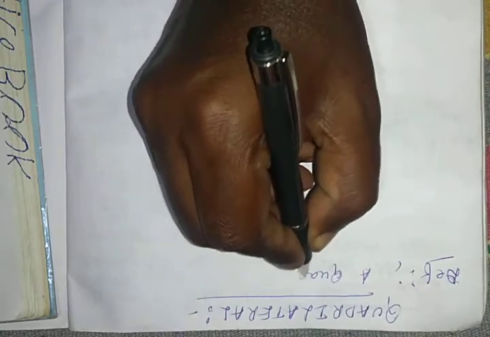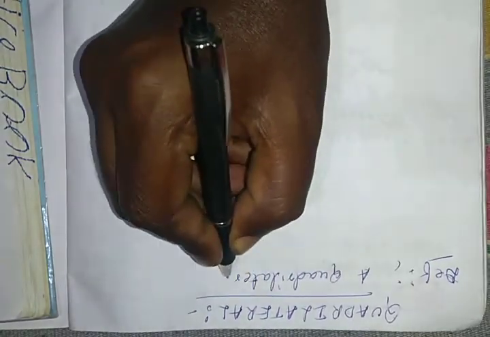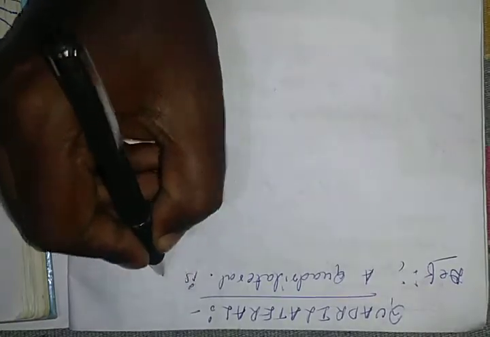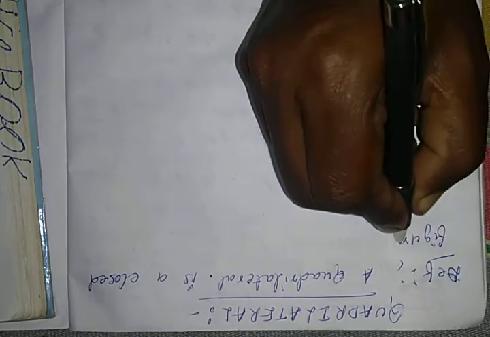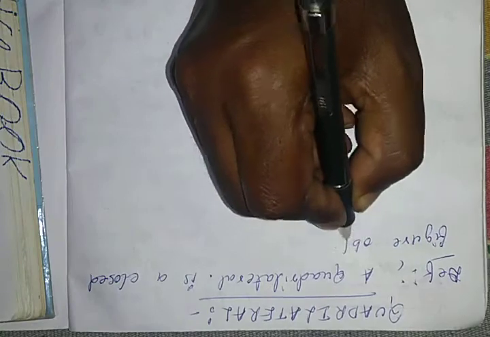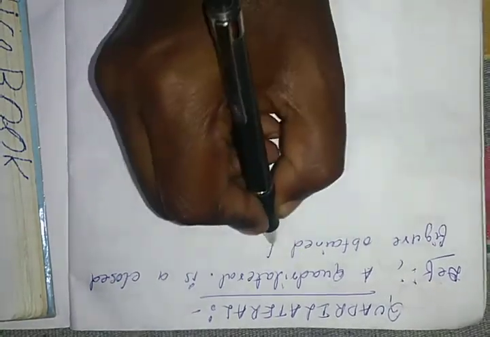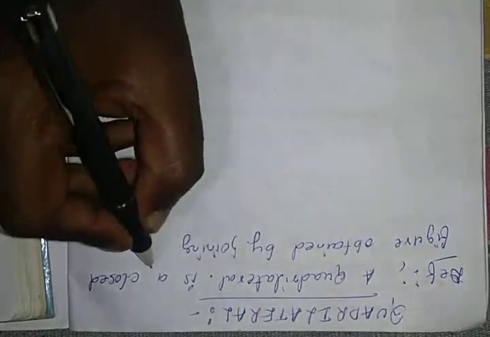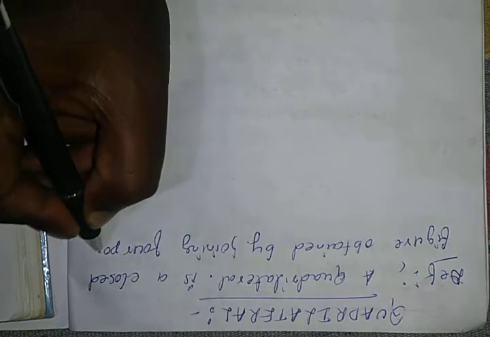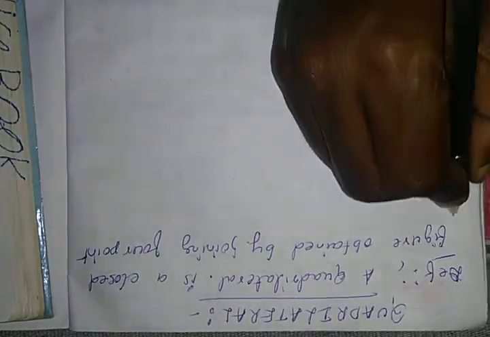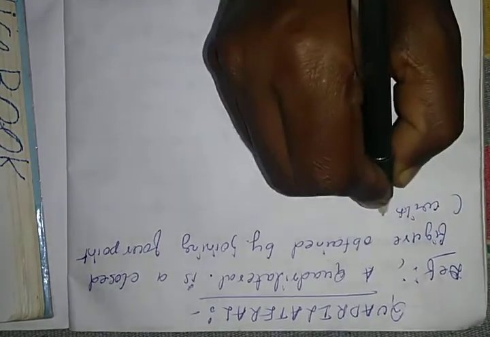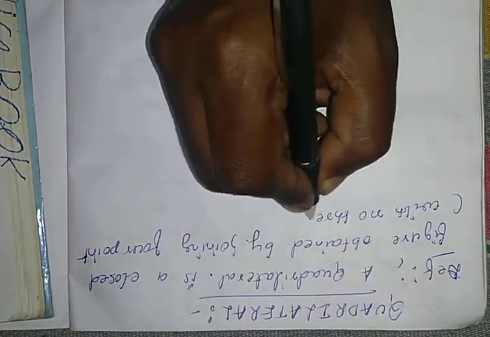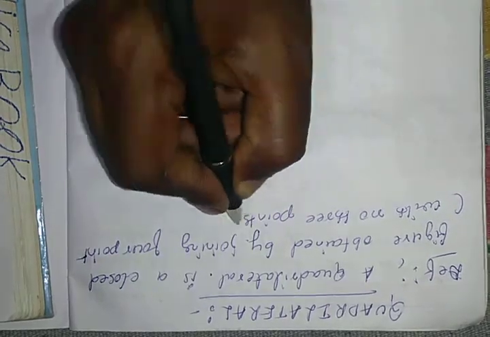Definition: a quadrilateral is a closed figure obtained by joining 4 points, with no 3 points collinear.